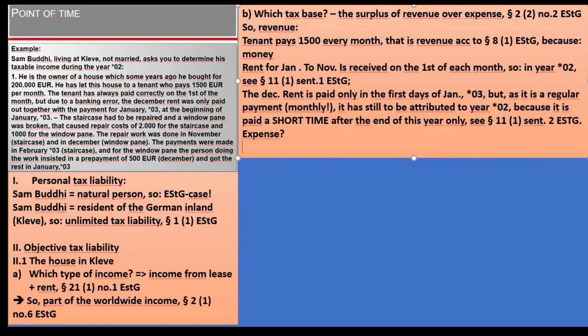We have the staircase repair costs. They were incurred to secure the revenue. And now we should, in a case, not just state this, but illustrate it perhaps by some reasons.